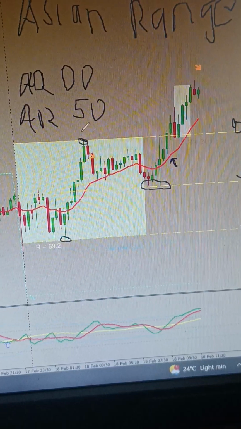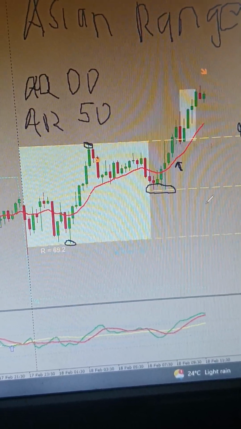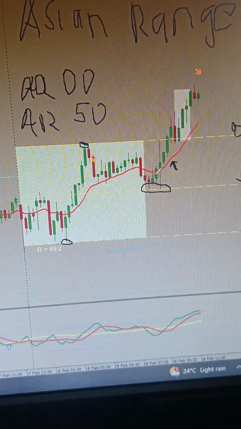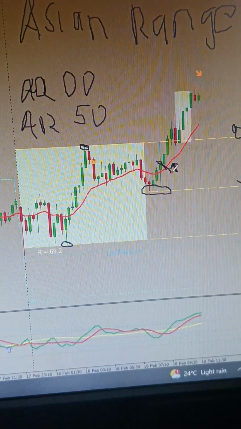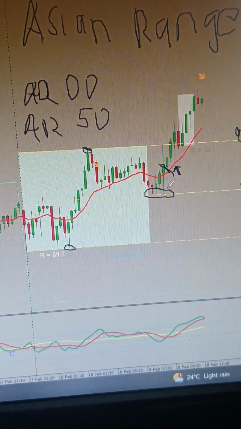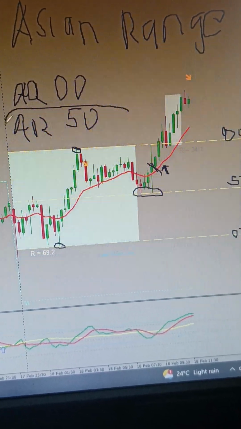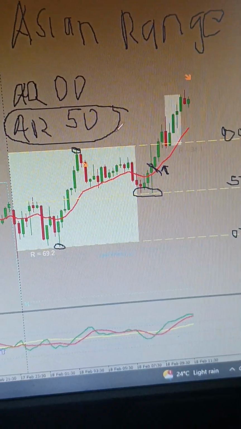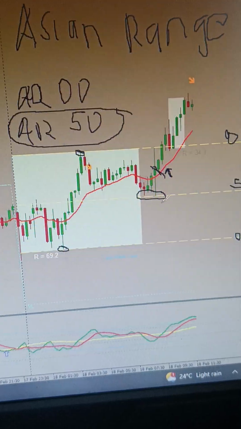So if the market comes from the high but does not go below your 50, then trades above your EMA or your MA, and for MA you can use any of your choice, then you have a buy setup, and this buy setup is going to be termed AR50. Why? Because it tapped or trapped at the area 50.